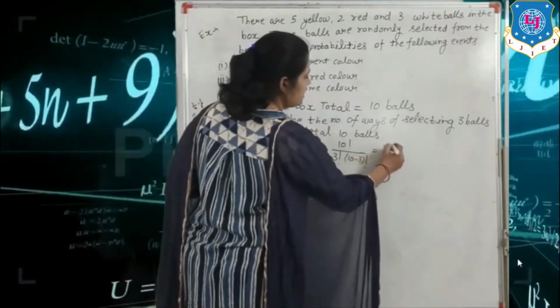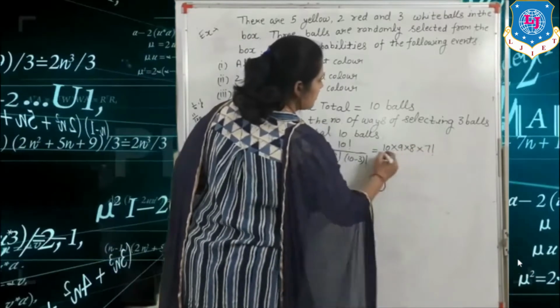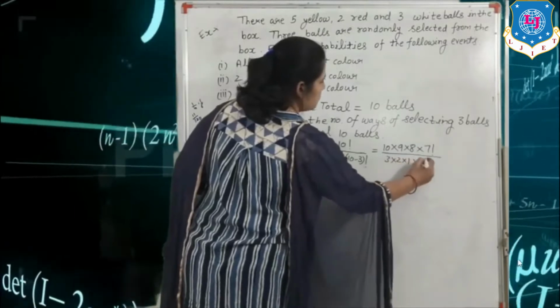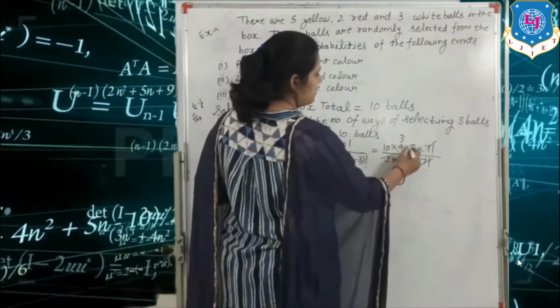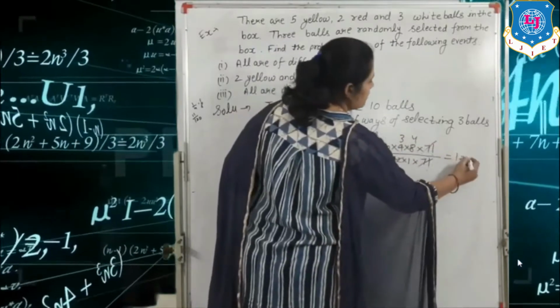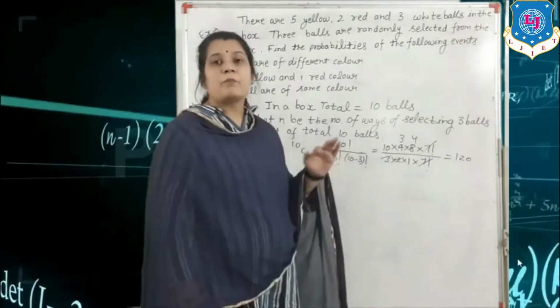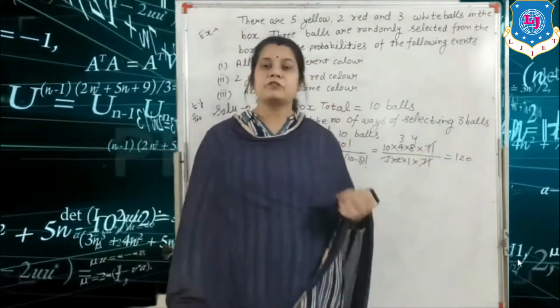Open this as 10, 9, 8 into factorial 7 divided by 3 into 2 into 1 and factorial 7. The factorial 7 cancels. 3 3s are 9, 2 4s are 8, 1 20. So the total possible outcomes, the total exhaustive events, is equal to 120.